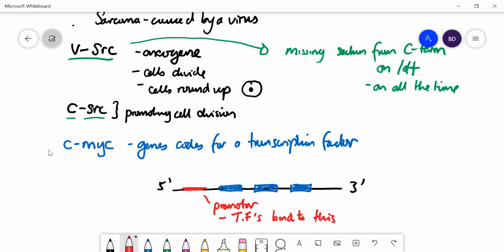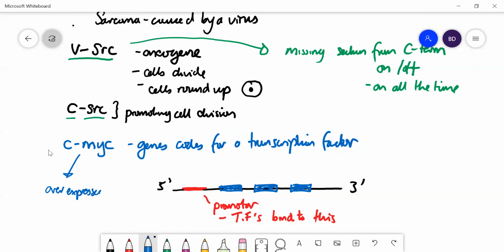So c-myc is present in cells normally. It's a transcription factor for lots and lots of genes. I think I read it was like 15% of all the genes in the human genome use c-myc as a transcription factor. So it's a normal gene, it needs to be there. But when it gets overexpressed, that means you make too much of it.